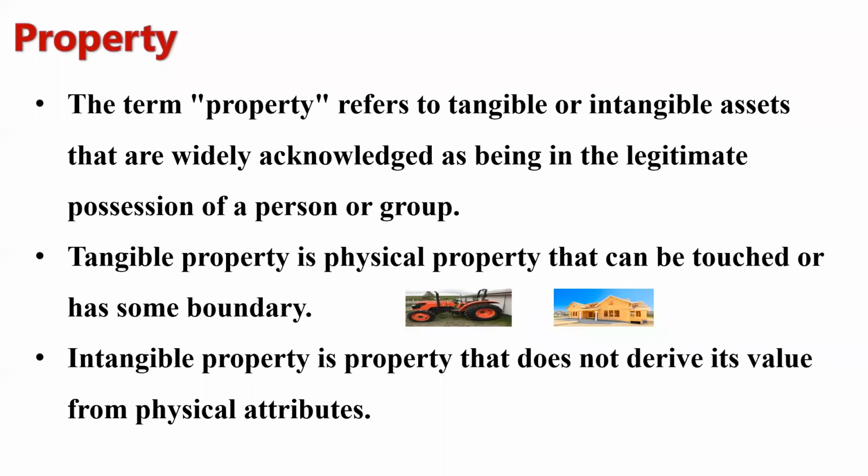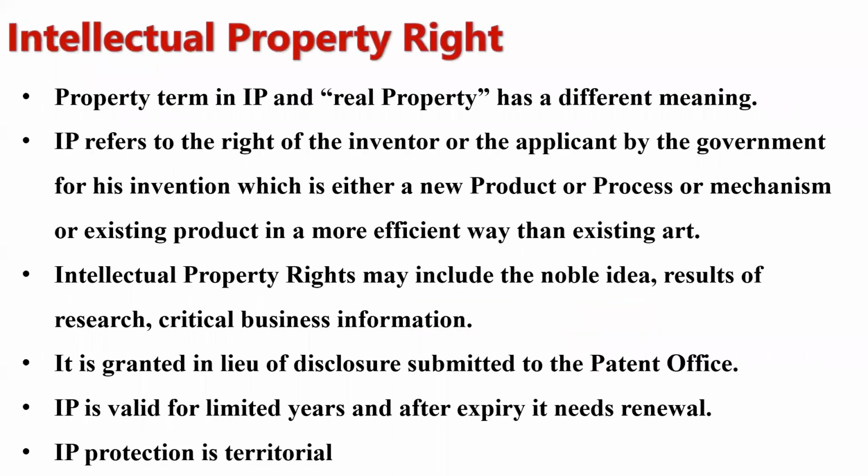But intangible property is a property that does not derive its value from physical attributes. So we are not talking about tangible property, we are talking about intangible property. Now I am adding some more words with property: intellectual property rights.